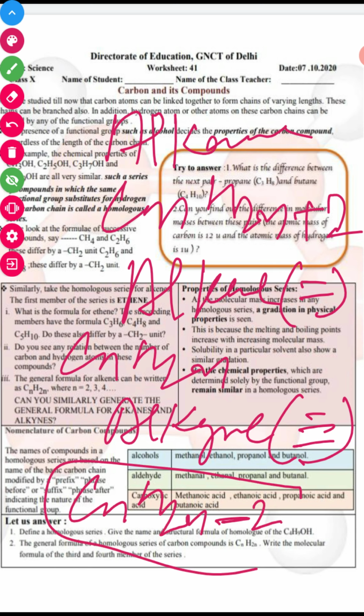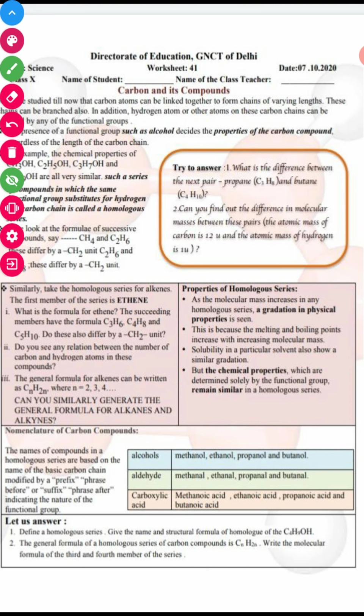This is the general formula of alkyne. Can you similarly generate the general formulas for alkanes and alkynes? I have just told you about this.